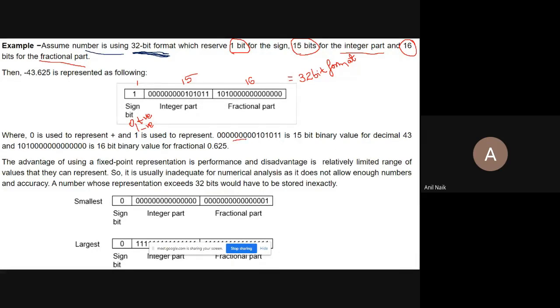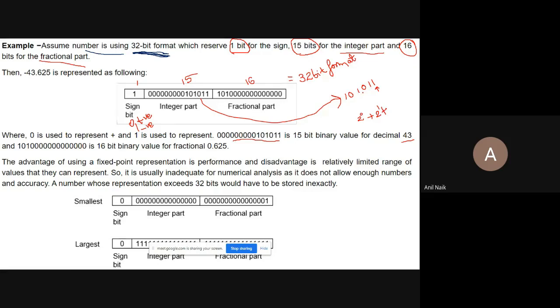And here this is the 15-bit binary value for the decimal, I think it is 43. How do you calculate that? 43 is 101011. Here the position is 0. So 1 into 2 raised to 0 plus 1 into 2 raised to 1. Here 0 into anything means 0, so don't add.